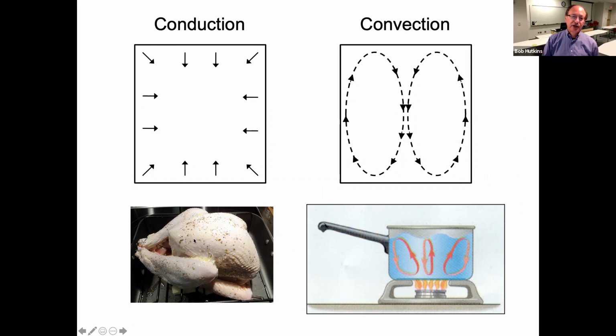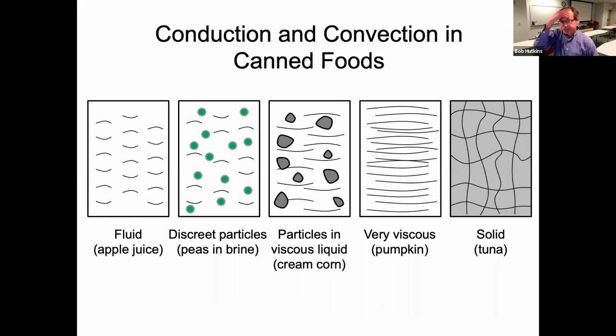Here's a good example that will happen in a few weeks: your turkey cooks by conduction. But when you cook soup in a pot and you see the boiling occurring, you know you're getting convection cooking. Here are some good examples. Fluid is going to be convection, and then get all the way over to solids, and something viscous but not quite solid like pumpkin.